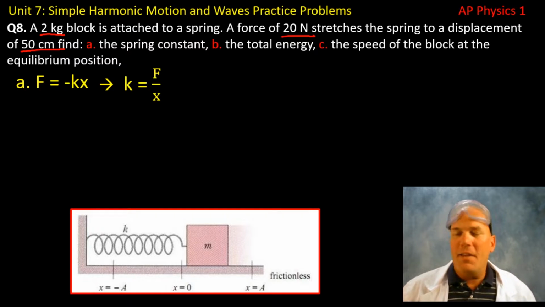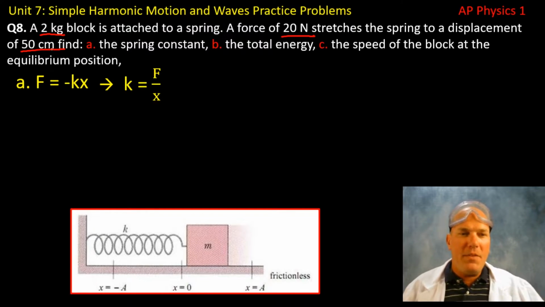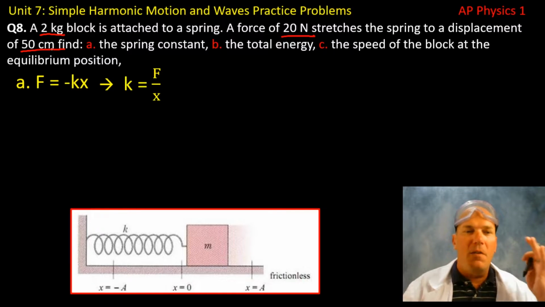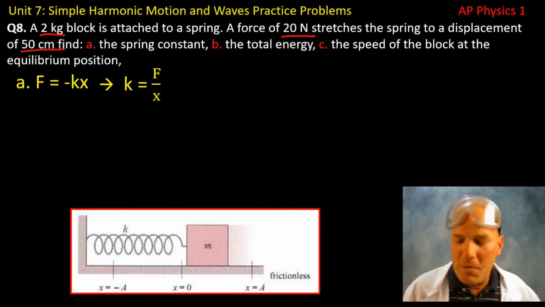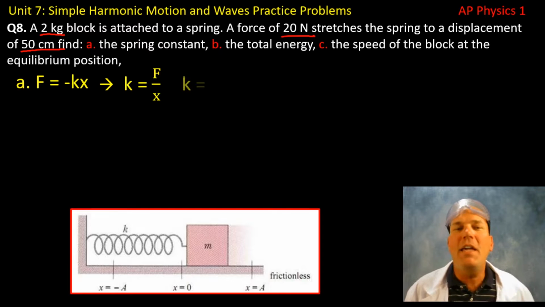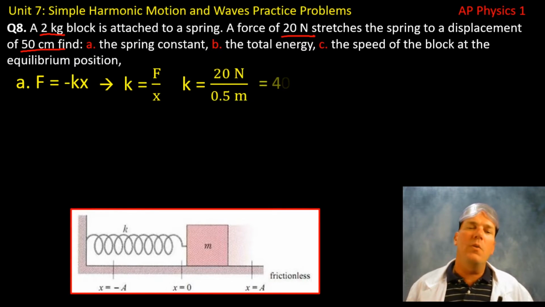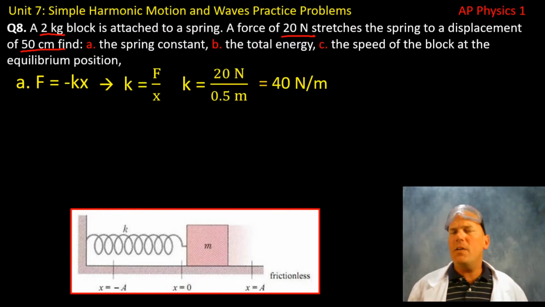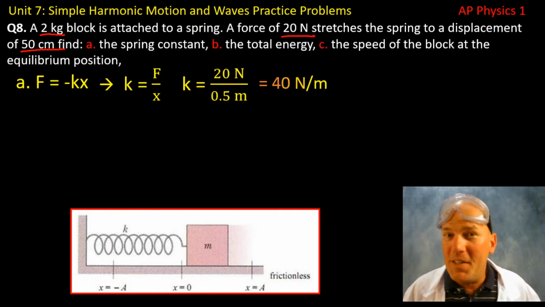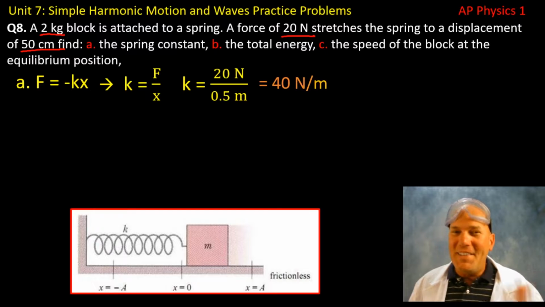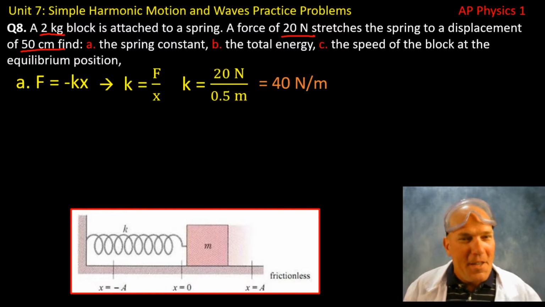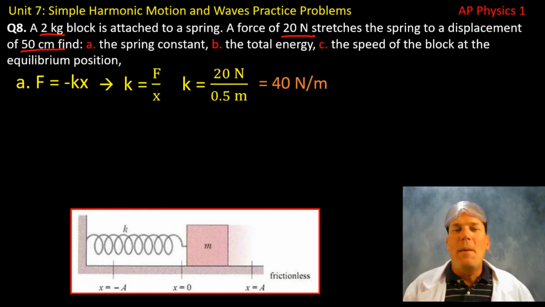And really for here, the mass, we're not worried about that, but we have our force and our position, which will allow you to find k. And remember, k is in the units newtons over meters. So this is our k value. And we're going to use this throughout this lengthy but fun problem.